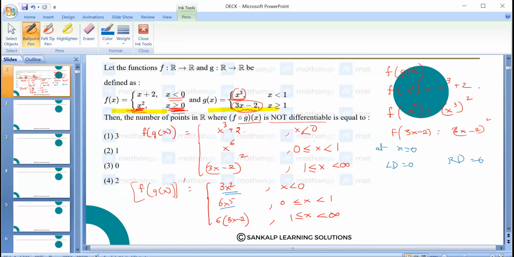But if you take at x equal to 0, the left limit is 2, the right limit is 0.